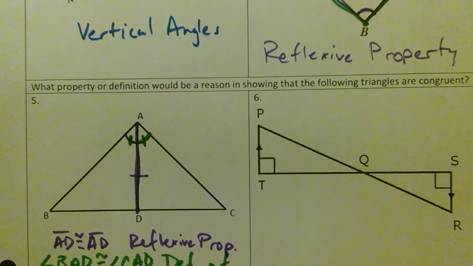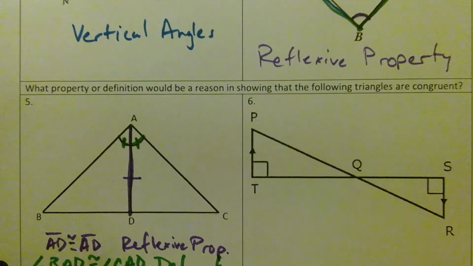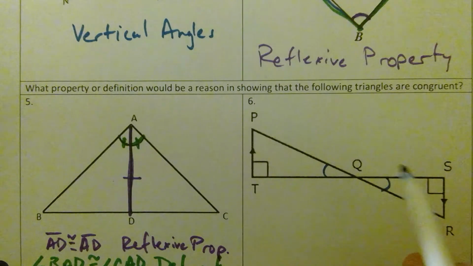All right, so let's take a look at number 6 now. As I said before, there are 3 possible properties or definitions that we can identify in this pair of triangles. Okay, we're going to start with the simpler ones and work our way outward. So, like we saw in number 3, we have this X shape in the middle. Okay, so I've got these angles across from each other. Those are going to be vertical angles.